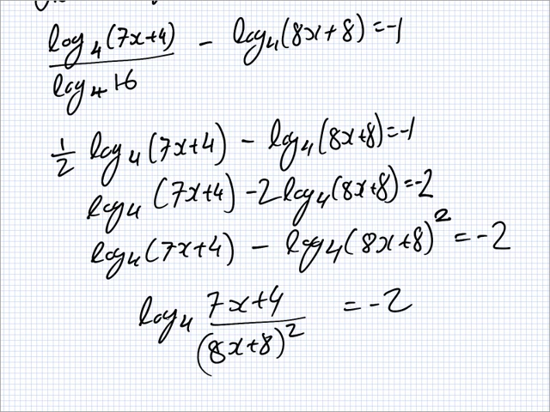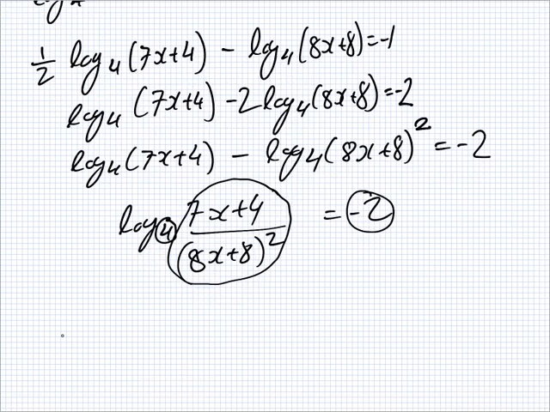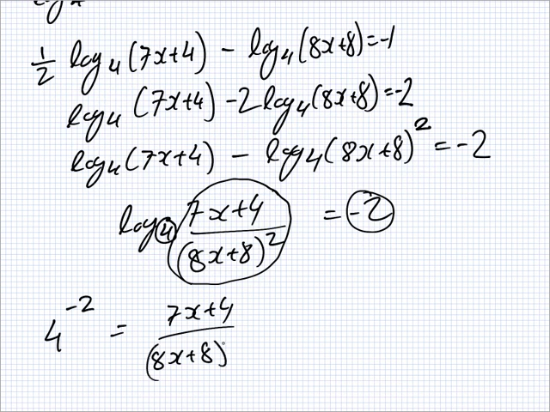You're saying that 4 to what power? 4 to the power minus 2. 4 to the power of minus 2 should equal this thing. So you can now say 4 to the minus 2 equals 7x plus 4 over 8x plus 8 squared.